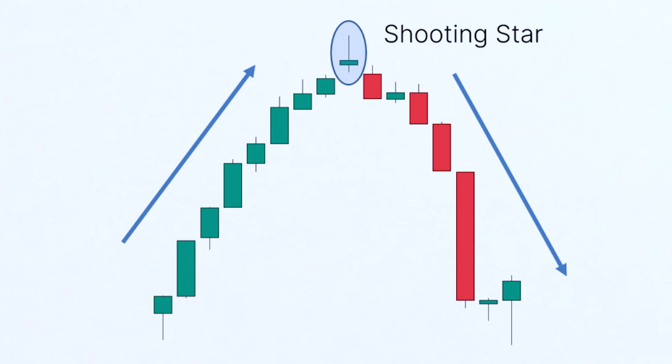This pattern tells you that the bullish momentum is weakening and a bearish reversal may be imminent. For instance, if you spot a shooting star after a strong upward move, it would be a signal to consider exiting your long position or even entering a short trade.